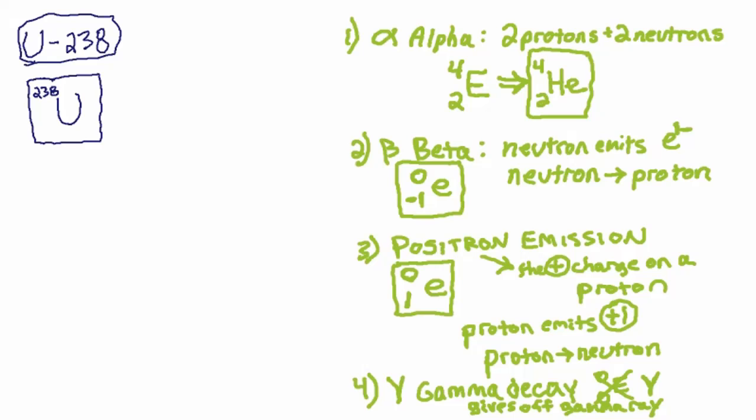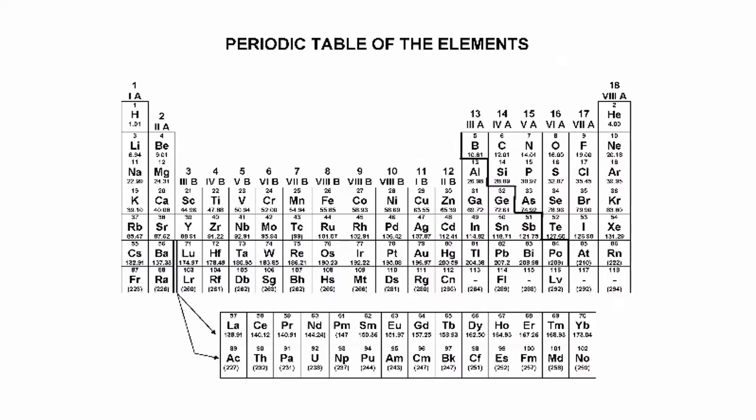And if we go over to our periodic table, where is uranium? Look for a U. Oh, okay, way down here on the bottom row in the transition elements, uranium is right here, and you can see its atomic number is 92. So that's what we're going to write on the bottom.